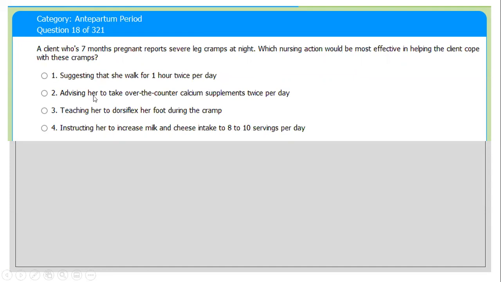Number two, advising her to take an over-the-counter calcium supplement twice per week. Number three, teaching her to dorsiflex her foot during the cramp. Number four, instructing her to increase milk and cheese intake to 8 to 10 servings per day.